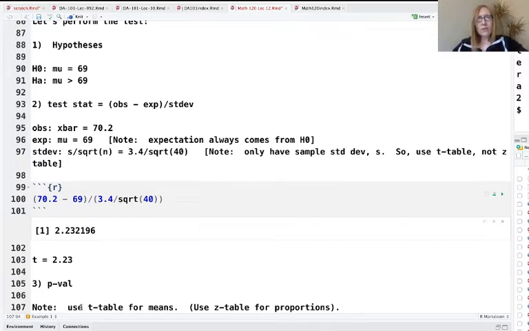So it does work a little bit differently. I'm going to do it in a second. This is a new skill. Warning, danger, new skill. Here's the thing that you haven't done before. Let's take a look at the t-table to find out what our p-value is. And remember, p-value is tail area.